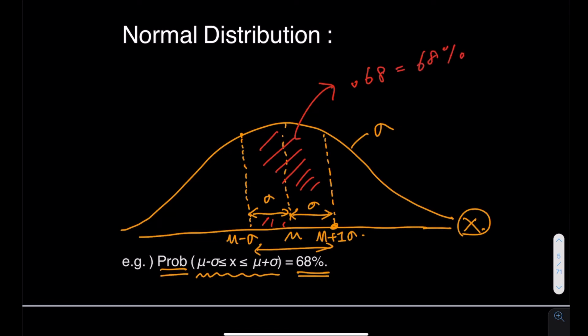Okay? So using this bell-shaped curve of normal distribution, what can we measure? We can measure the probability when x has a certain value inside the range. But some students actually misunderstood the probability of normal distribution when they look at this bell-shaped curve.